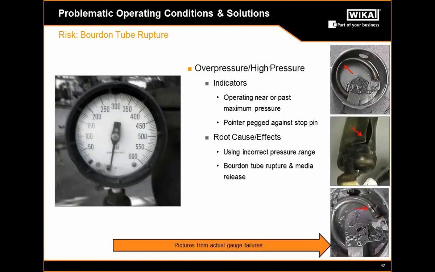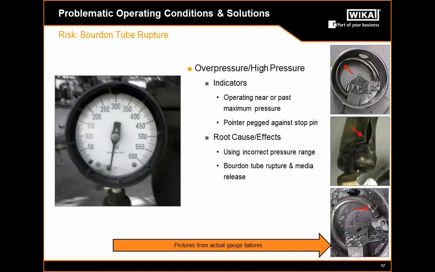The second type of overpressure Bourdon tube rupture condition would be overpressure and high pressure in a steady state. In this case, you'll have a gauge that's got the pointer all the way past the full-scale value of the gauge, and it may even be pressed up against the stop pin on the back side. This is caused when a gauge has been incorrectly specified for a certain application.